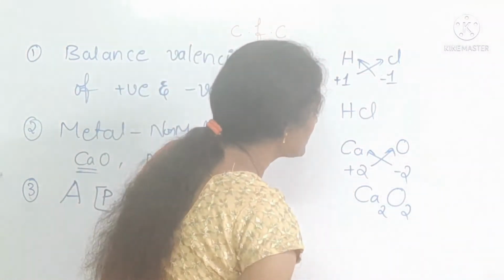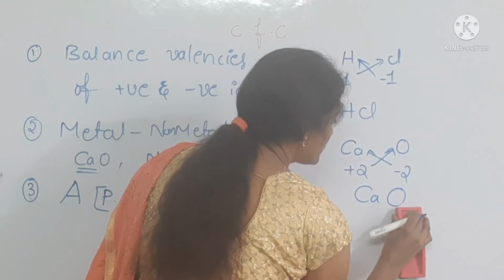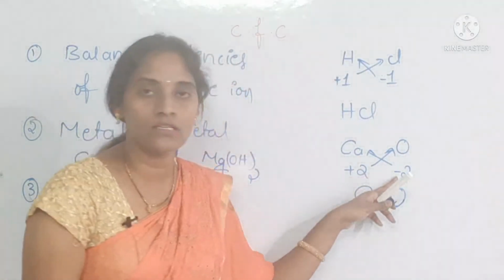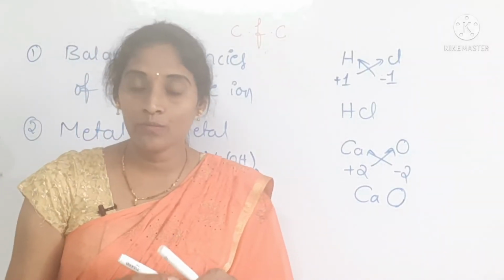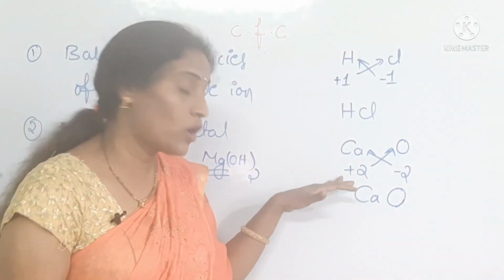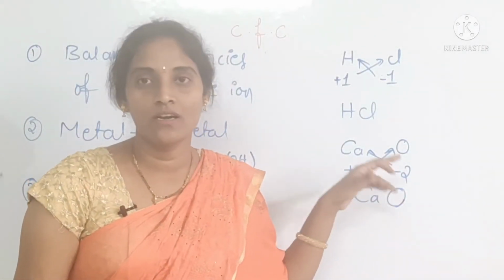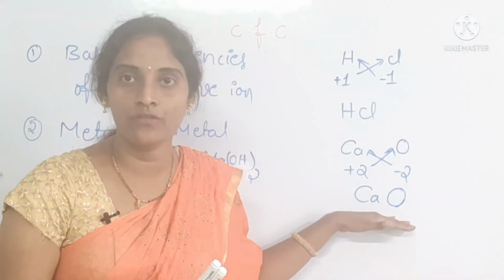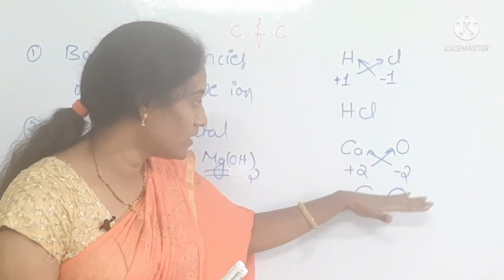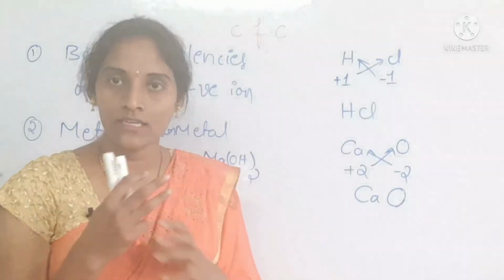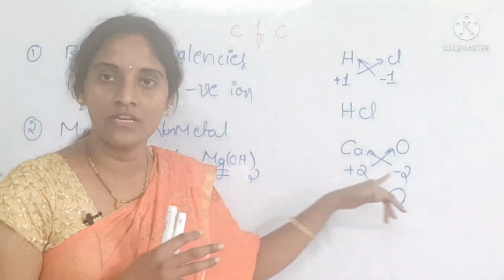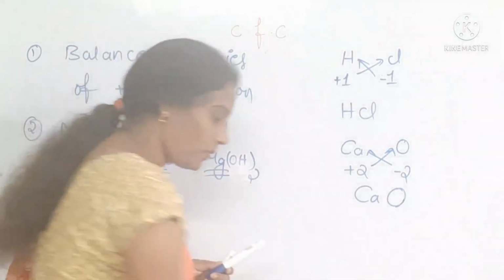You can directly write CaO, because these two valencies are equal with each other. This is also 2 and that is also 2. No need to write the positive and negative symbols, because after completion of the chemical formula, you should directly balance those valencies. No need to write their positive and negative values.